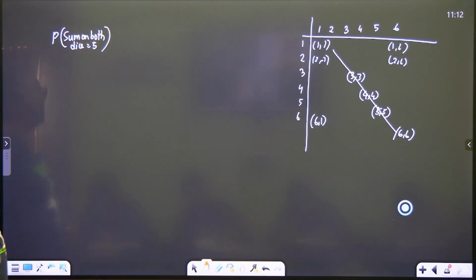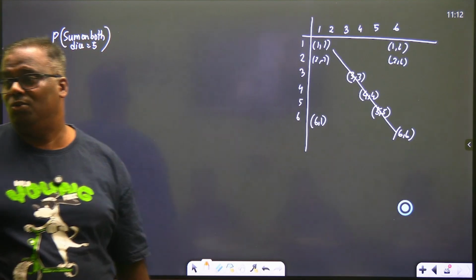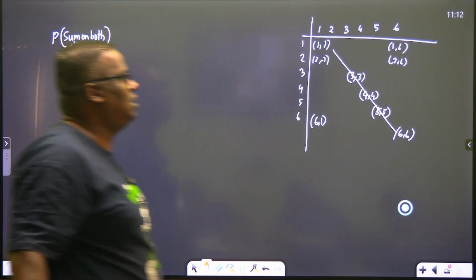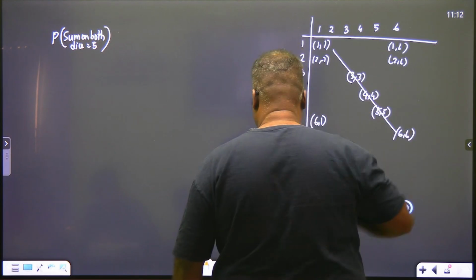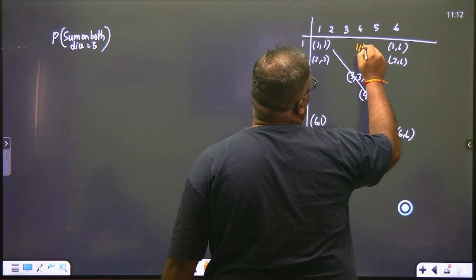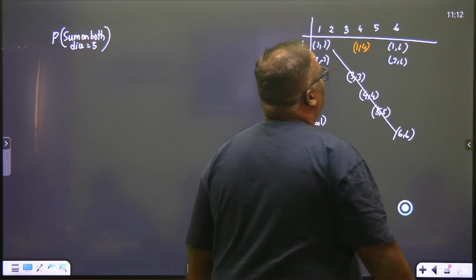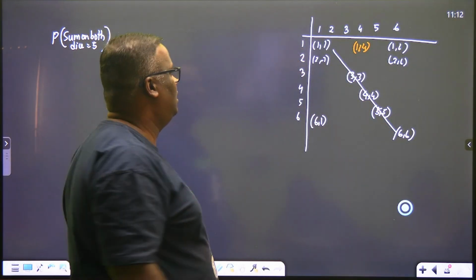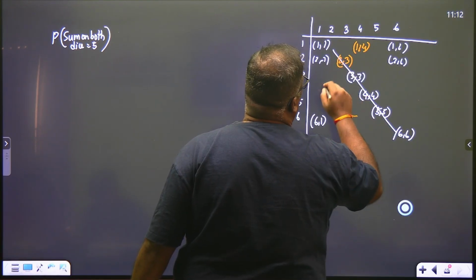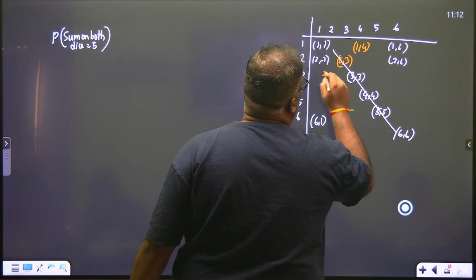Means ऐसे number आने चाहिए दोनों में, whom you add, you should get 5. Look at the first column. In the first column, a 1,4 qualifies to get me a 5. Nothing else qualifies. In the second column, a 2,3 qualifies. In the third column, a 3,2 qualifies.